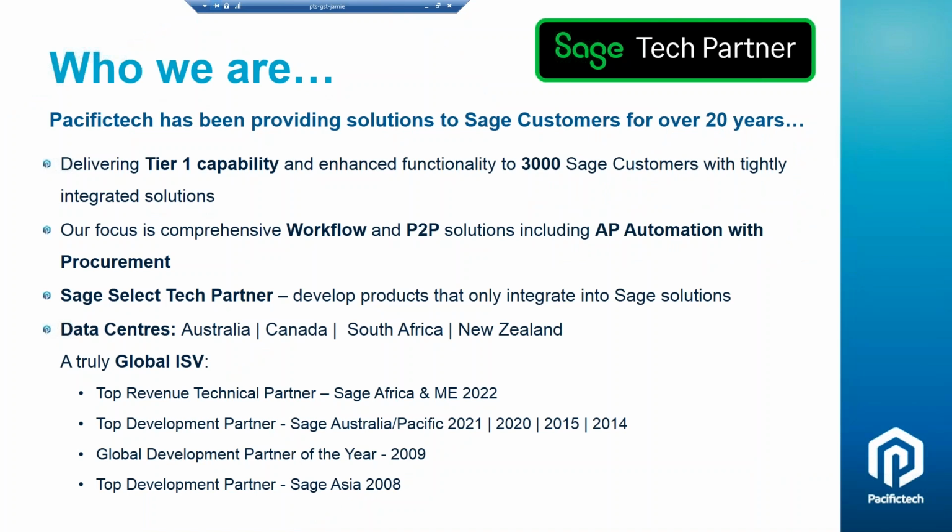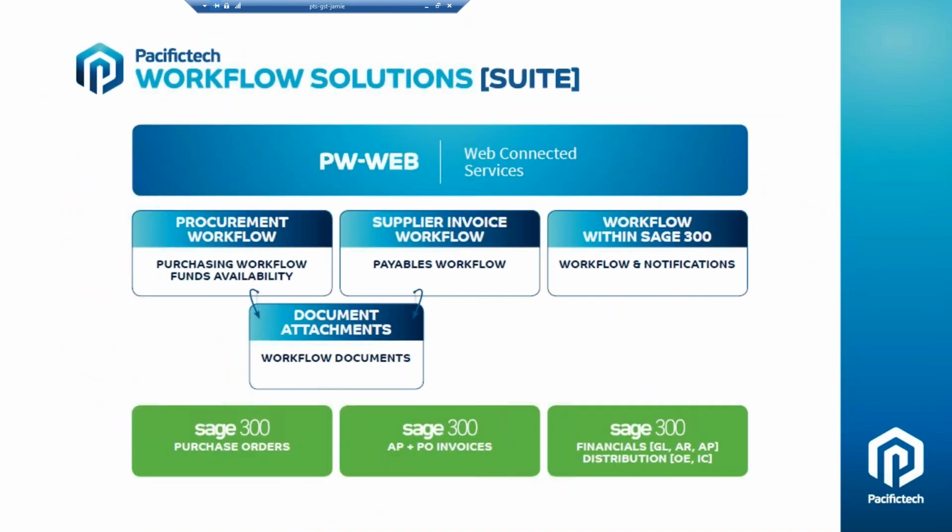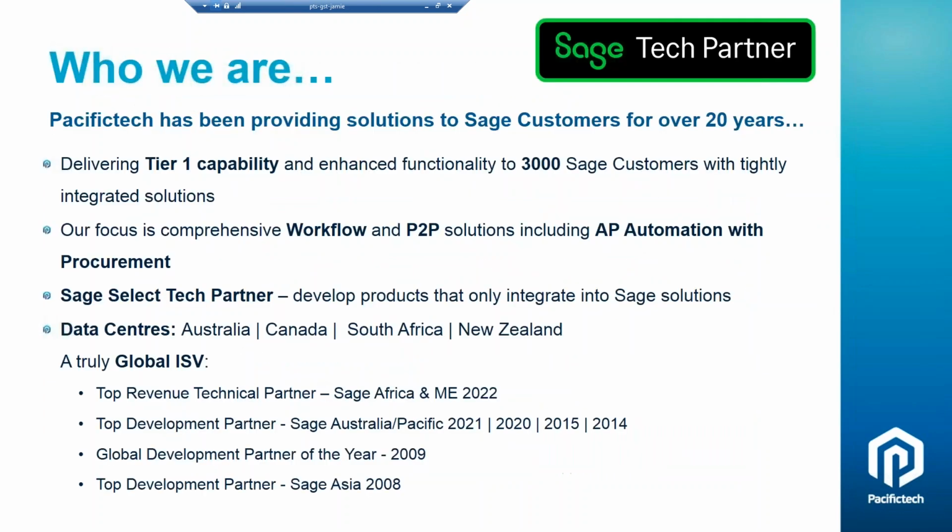So we'll be focusing on seamless purchasing workflow, but just a little bit of background about our company. We've been working with Sage 300 for over 20 years, and we've got over 3,000 customers around the world that use our solutions with Sage 300. Really what we focus on is workflow and procure to pay solutions.